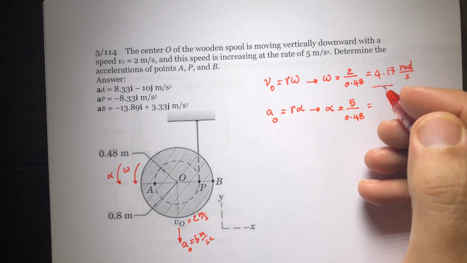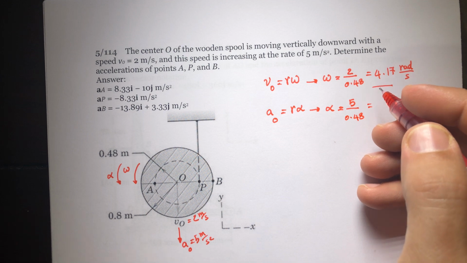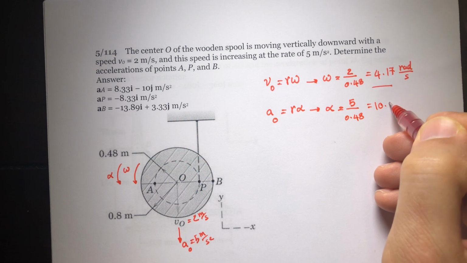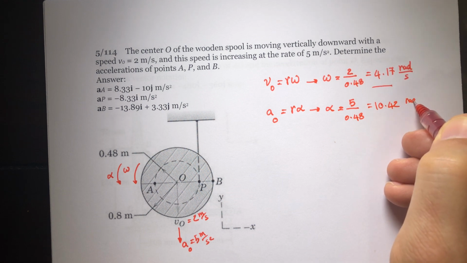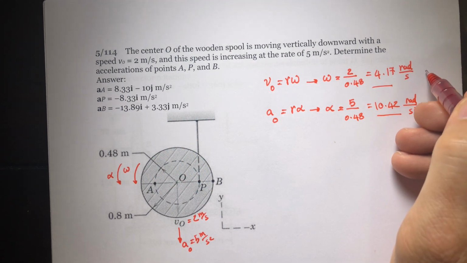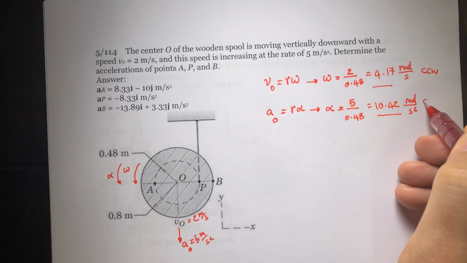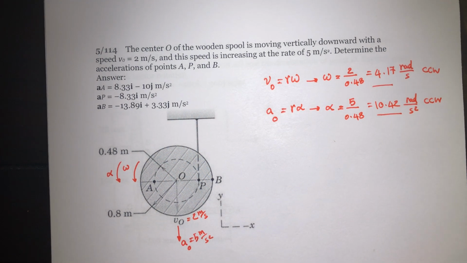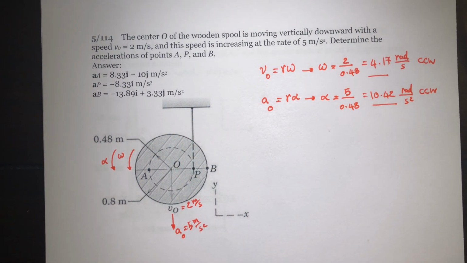So it's going to be equal to 10.42 radian per second square. And both of them are in counterclockwise direction, right? So we found angular velocity and angular acceleration of this spool.